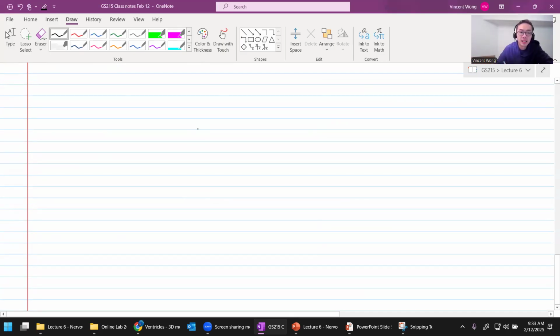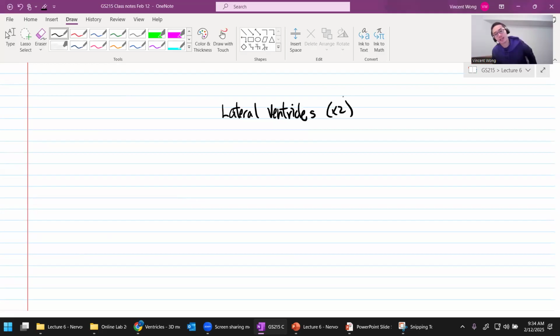So we're gonna start in the middle. We're gonna have the lateral ventricle. Okay, we have 2 of them, right? One in each half of the brain. Horn shape with the pointy thing at the end. And from the lateral ventricle, they will go to the third, which is just in the middle.